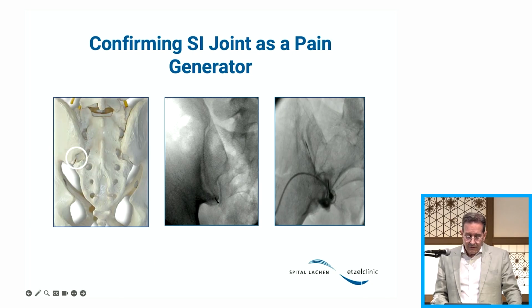Now the problem in my hands with the intra-articular ones, the contrast agent hurts patients by itself. And the volume of the SI joint is so small that you fill the joint with contrast agent that is hurting the patient, and then you have almost no space for your local anesthetic or cortisone or whatever you put in there.